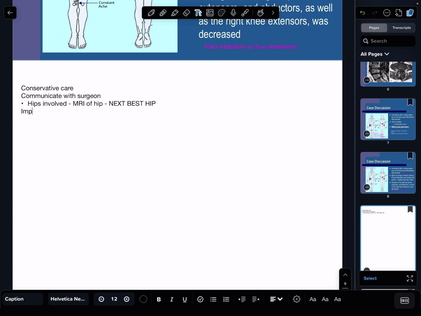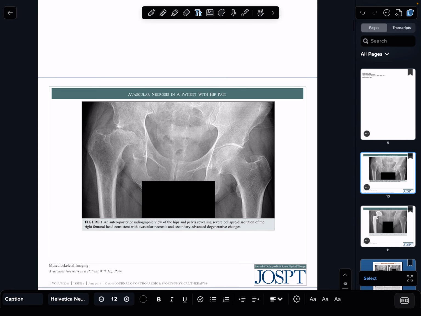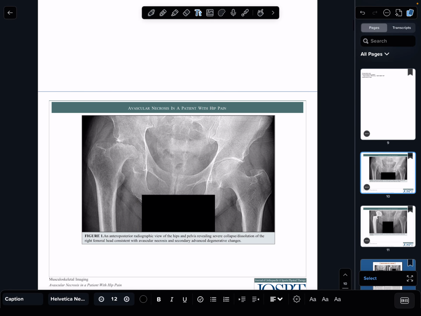And maybe they say yeah, maybe they say no. But imaging would probably be the next best step. If you try a conservative course of care, you'd probably determine that he's not improving, and you'd probably pull the plug on that sooner rather than later.